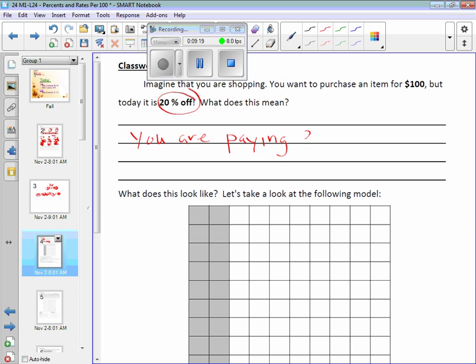You're paying 20% less than the original price. So let me ask you this. Therefore, the amount that you pay is what percent of the original price?